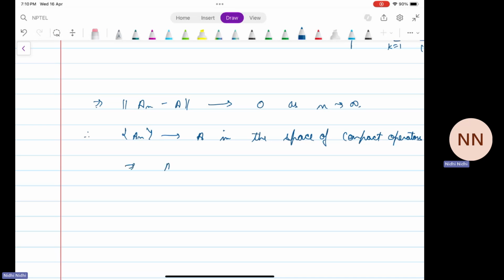Therefore, A is compact. Hence, the given statement is true. A_n is compact for every n in N. Therefore, A is compact.